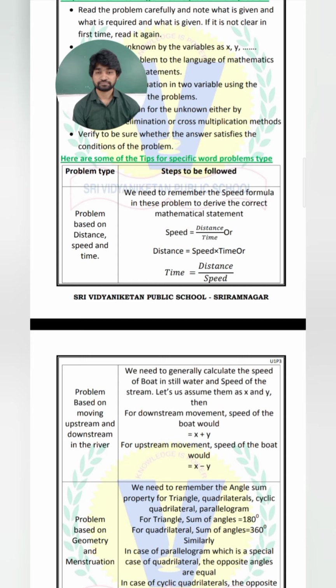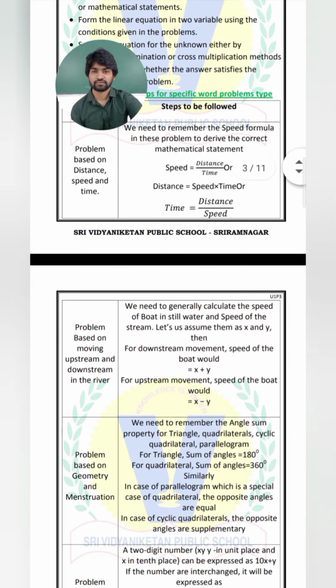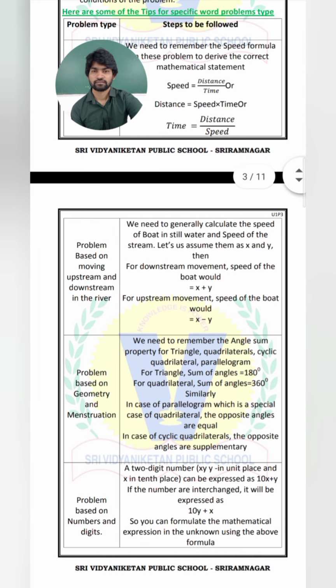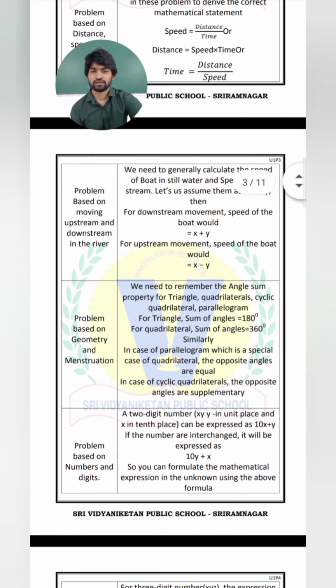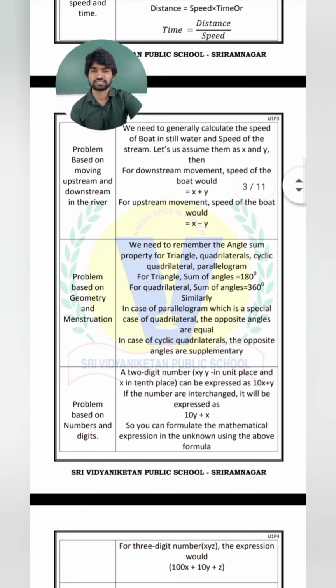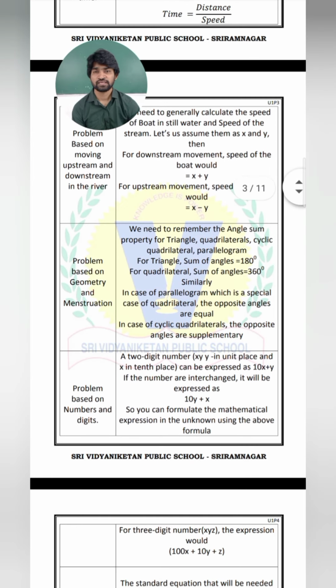So we'll see the next type. Already we discussed in the last class, if the speed of the stream is y, then the total speed of the boat downstream is x plus y kilometers per hour, and upstream it is x minus y kilometers per hour. Why do we add and why do we subtract?